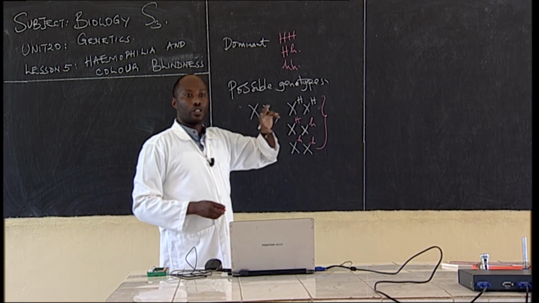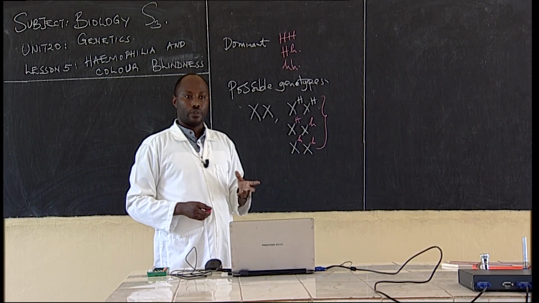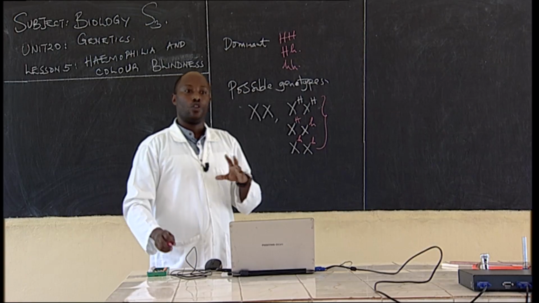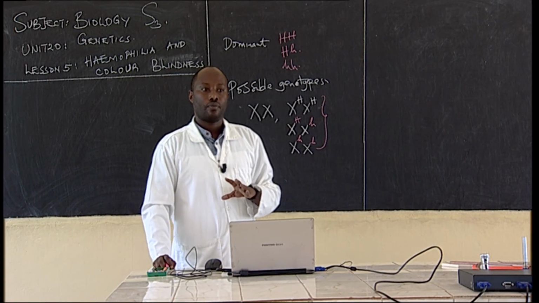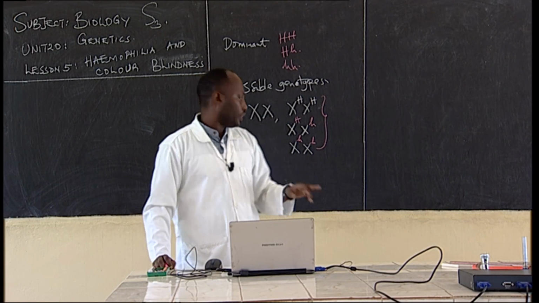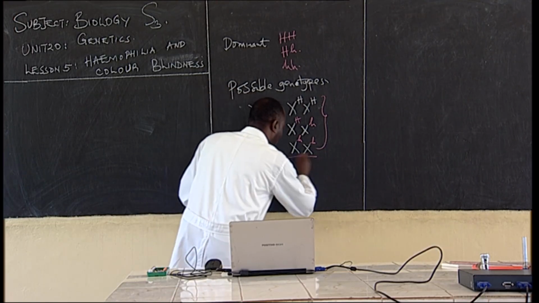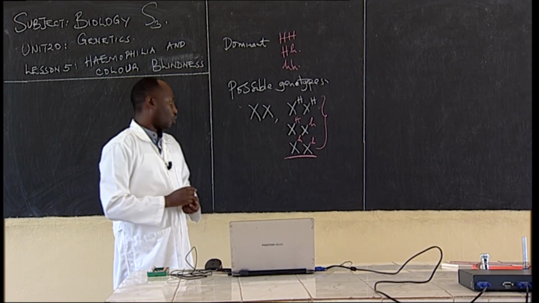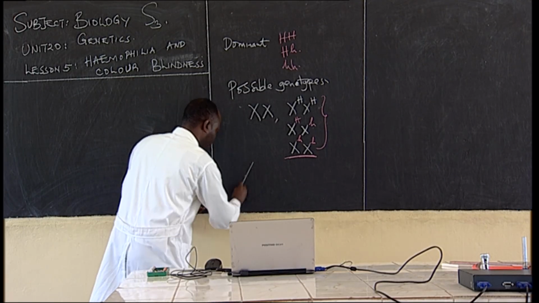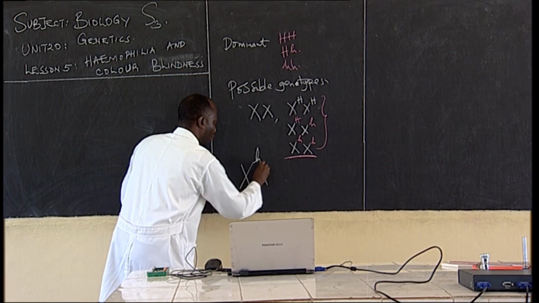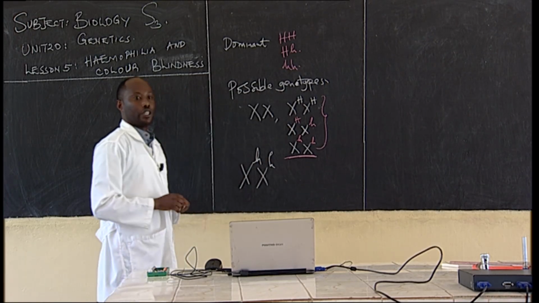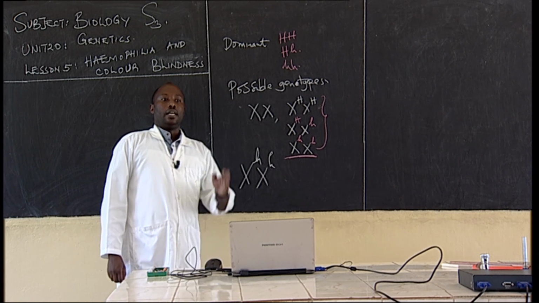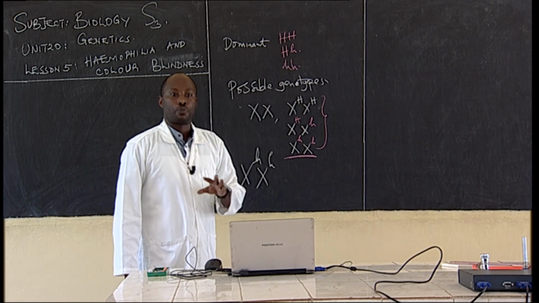So the normal clotting factor is produced in that way. Such a person is a phenotypically normal female. But if a female has the genotype X superscript H small, X superscript H small, the defective clotting factor is produced.